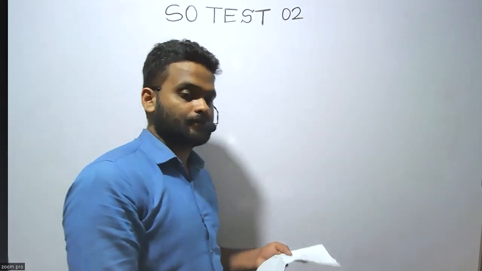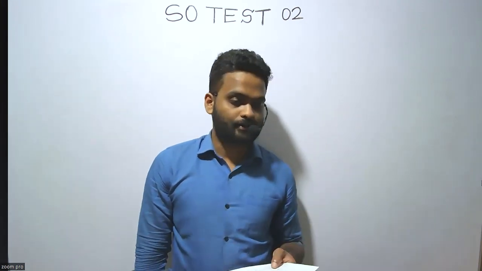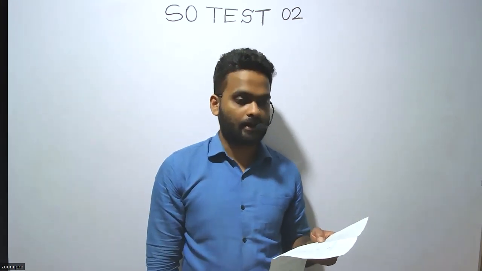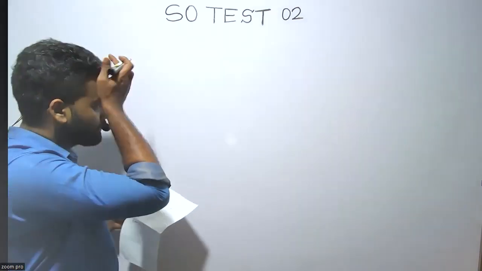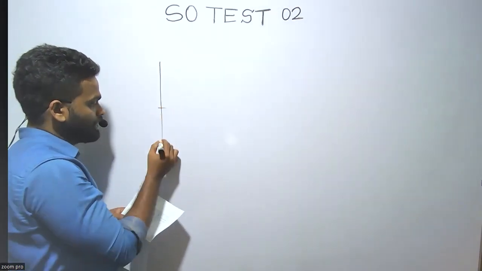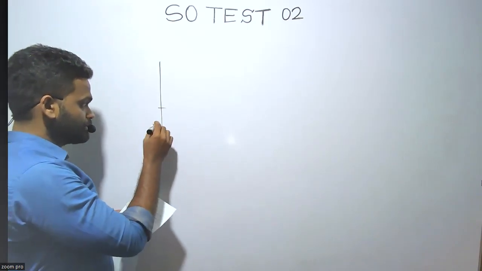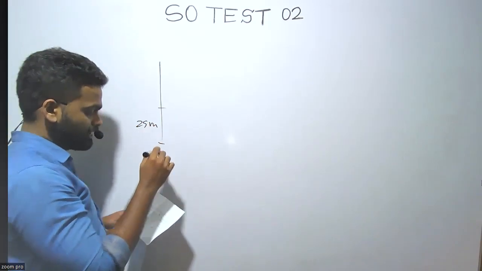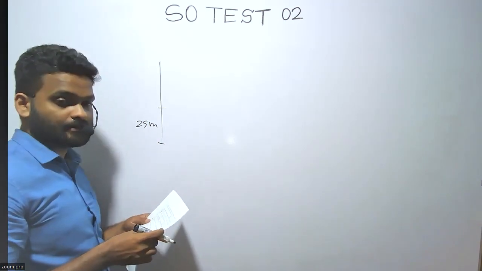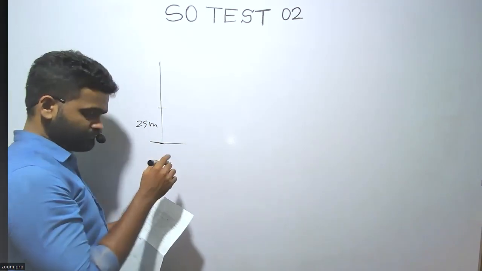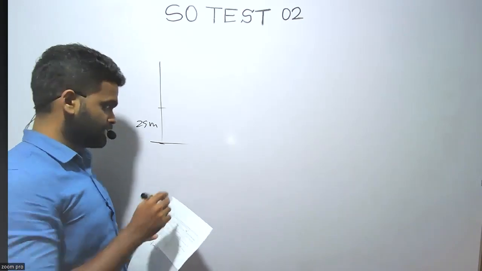Right. Then 14th question. A stone is released from top of a tower. It moves 25 meters at its last second of motion, meaning before it collides with the floor, right?